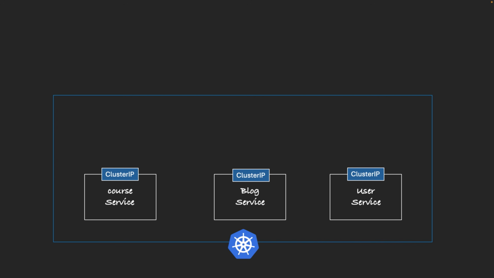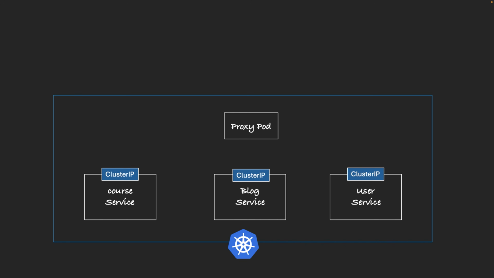For that, I will create another pod called Proxy Pod. All the external requests will go through this Proxy Pod, which will then communicate further to your course service, blog service and user service. Now this Proxy Pod will act as an entry point to your microservices.